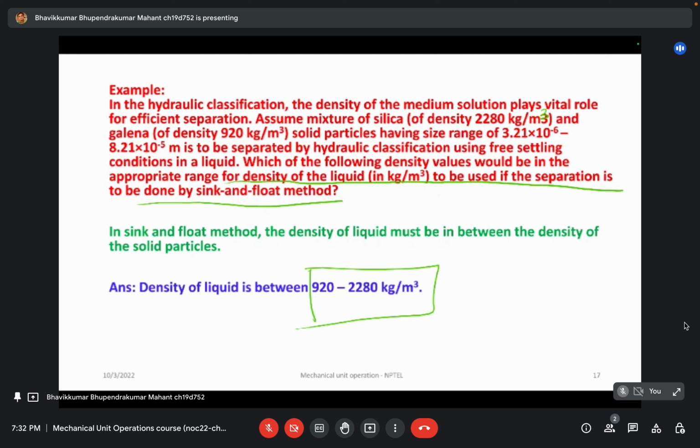In questions like this, we don't have to solve anything if we know the answer directly. Here they mention the liquid density, so we directly consider that in the sink and float method, the liquid density must be between the densities of the solid particles.